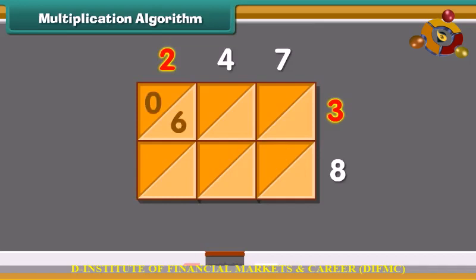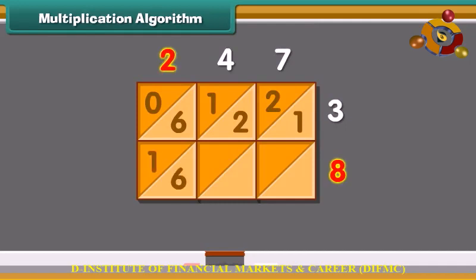Write ones in lower box and tens in upper box. Then multiply 4 by 3. 4 threes are 12. Write answer in the box. Now 7 threes are 21. Similarly, 8 twos are 16. 8 fours are 32. And 8 sevens are 56.